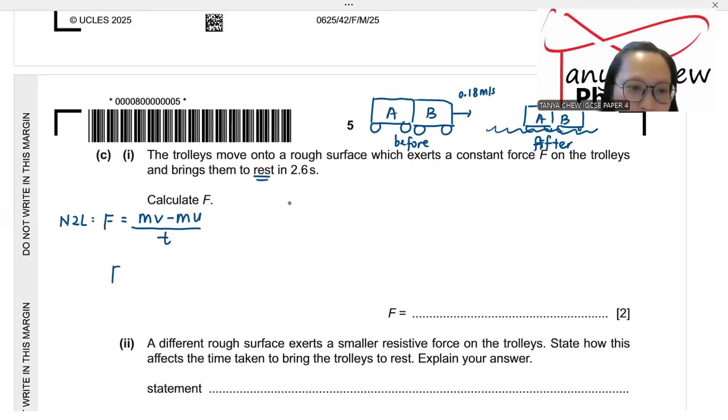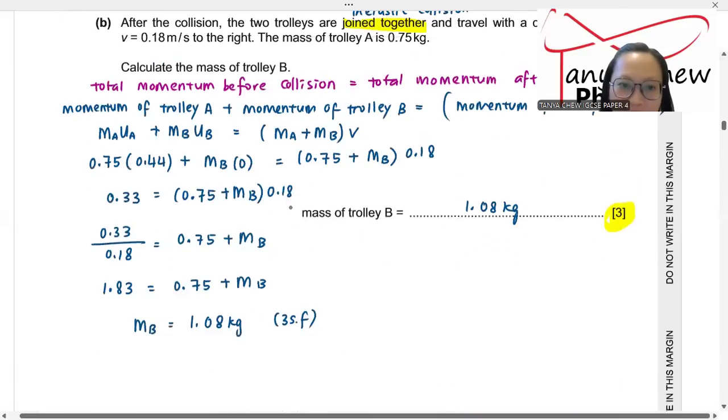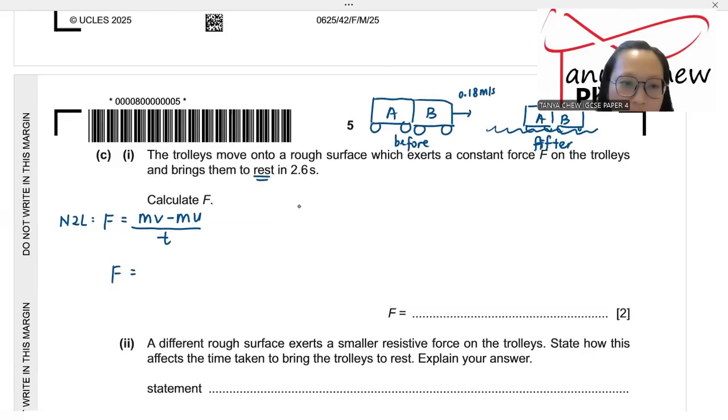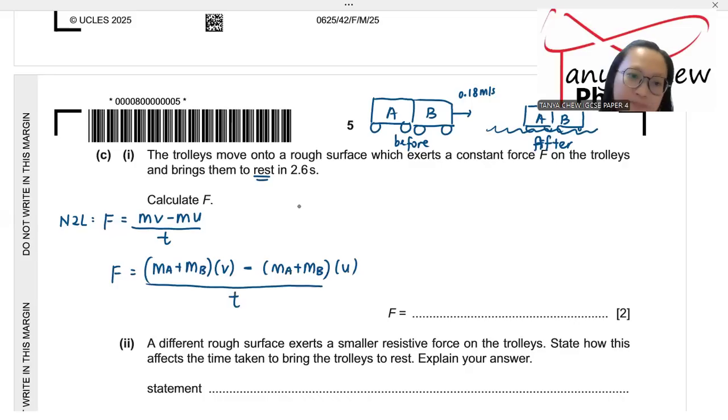So F equals the two masses, 0.75 plus 1.08. I'm just going to put mass A plus mass B, times v, minus (mass A plus mass B) times u, divided by time. Easier that way. So mass A is 0.75, mass B is 1.08, and v is equal to 0.